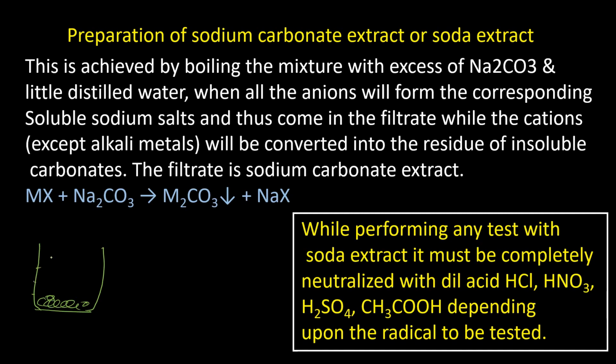So 1, 2, 3. Add 3 times solid sodium carbonate and then add water. Then boil it for 10 to 15 to 20 minutes. Then cool it and centrifuge. Your centrifugate is the sodium carbonate extract.